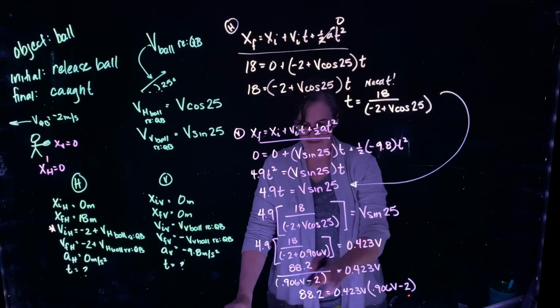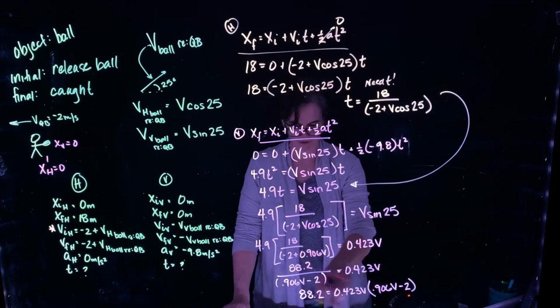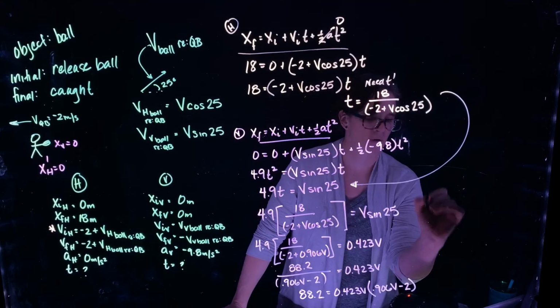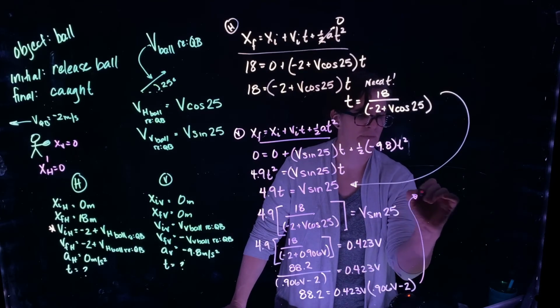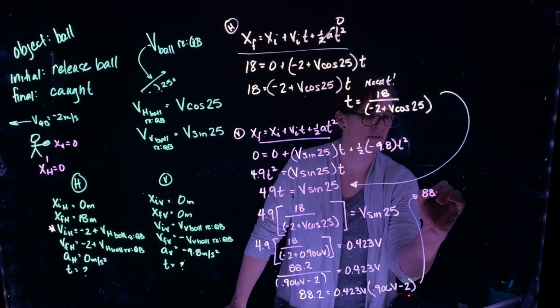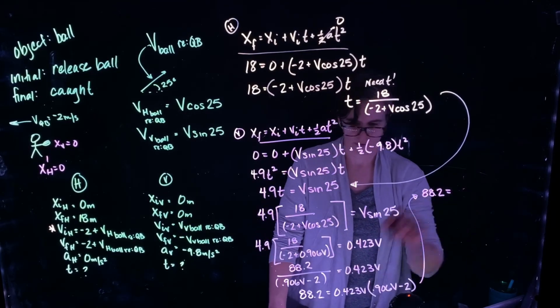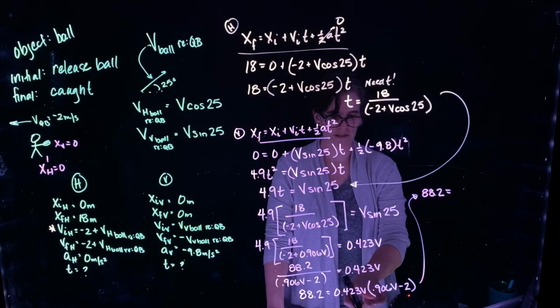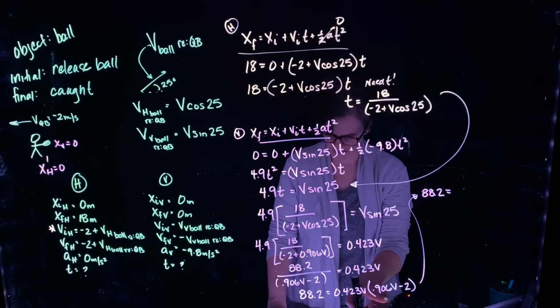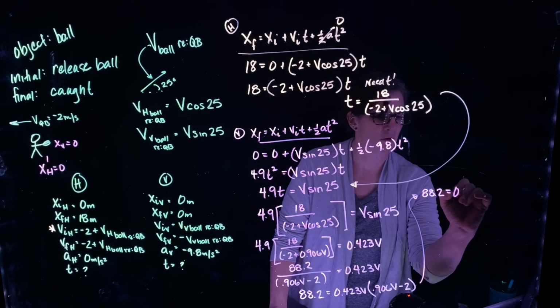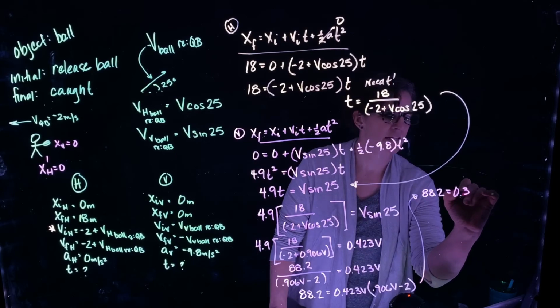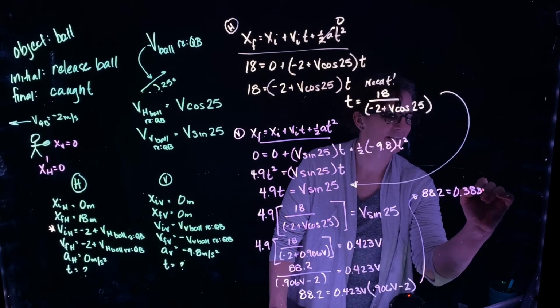If I do a little bit of multiplication, I'm going to multiply these out. I end up with 88.2 is equal to 0.423 times 0.906v. I end up with 0.383v squared.